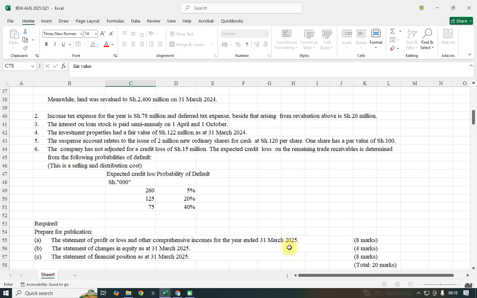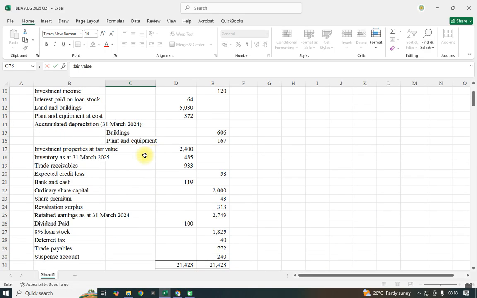But remember, we are preparing at 2025. So in 2024 it was 122 at the end. But here the investment property at fair value 24. So these are gains because they have now been given at a gain.